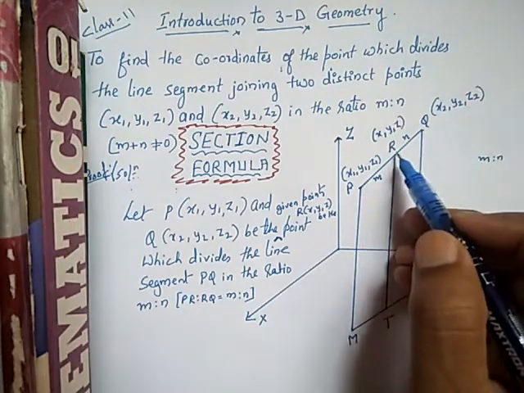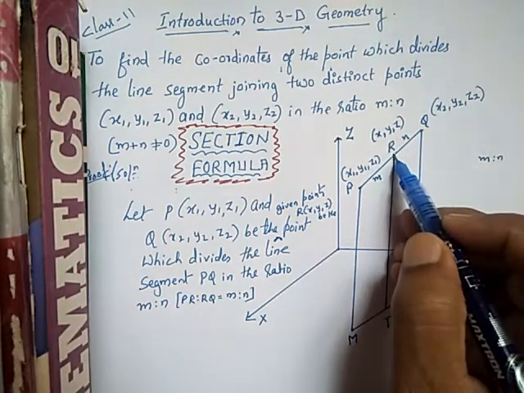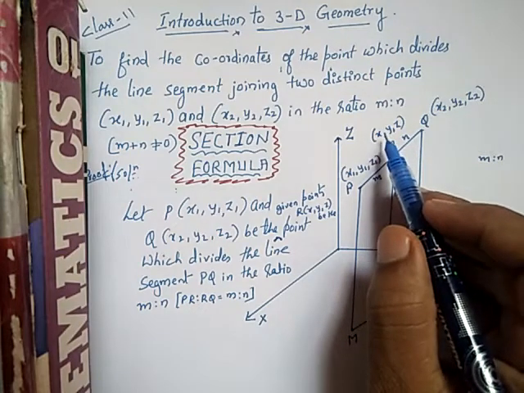So this line PQ is divided at R, with ordered triplet x y z.